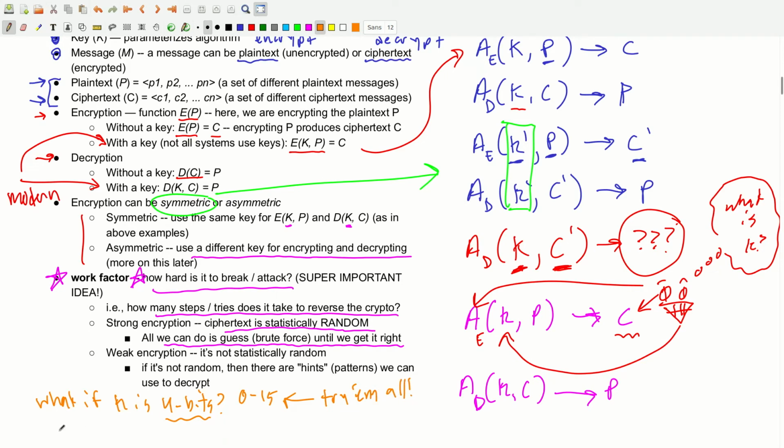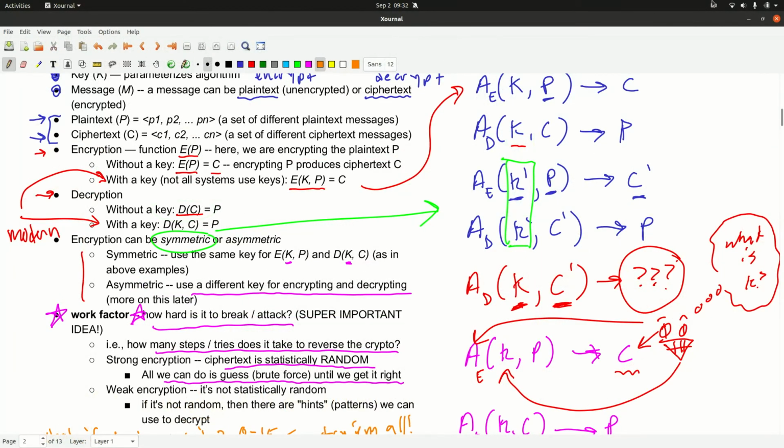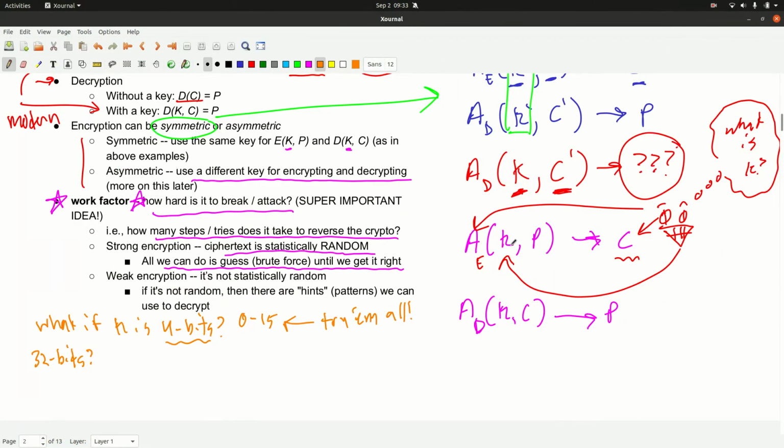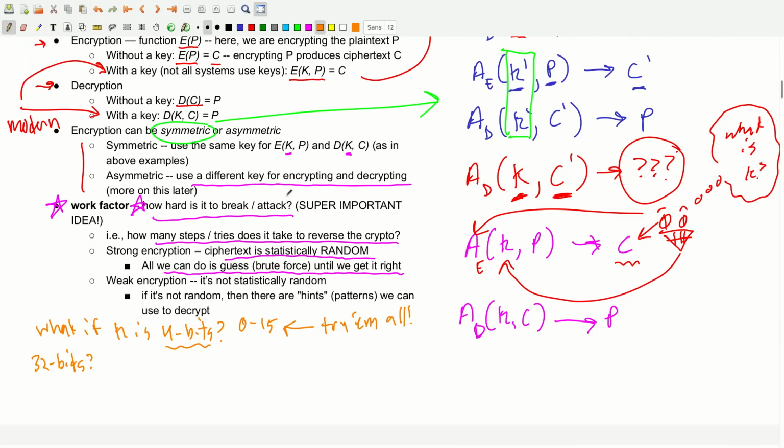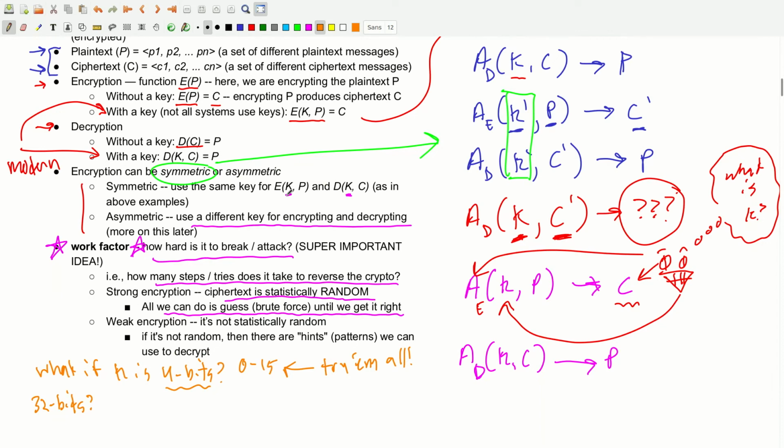Okay? What if K is 32 bits? Well, how many possible 32-bit keys are there? Well, there are 2 to the 32, okay?